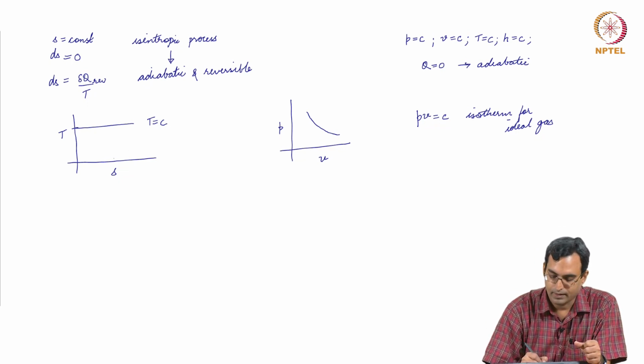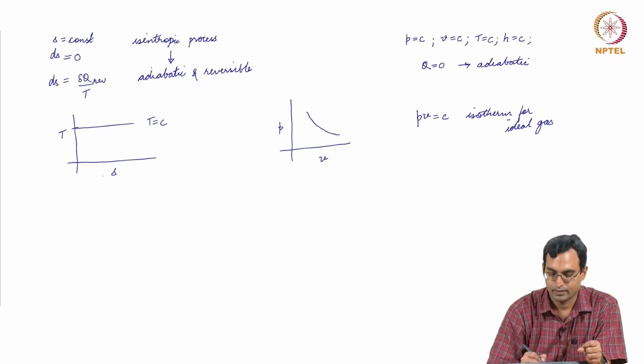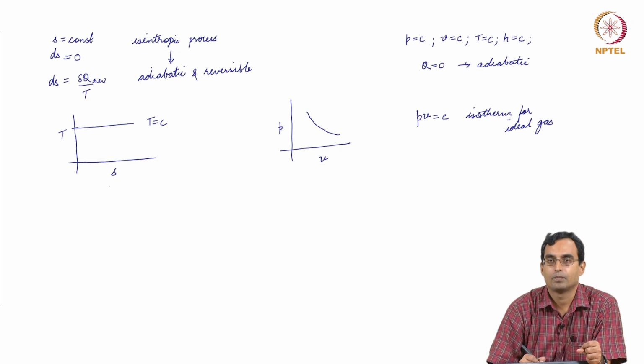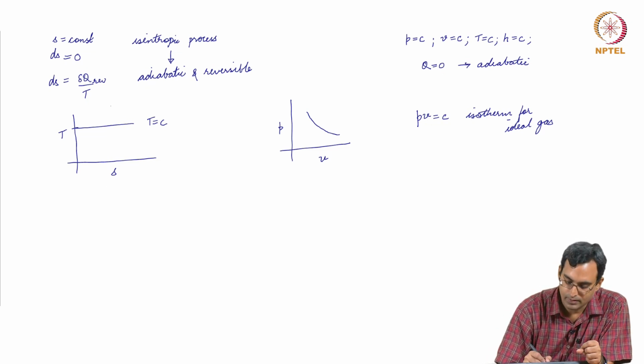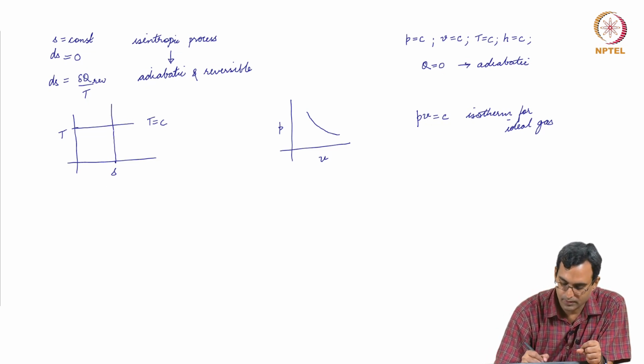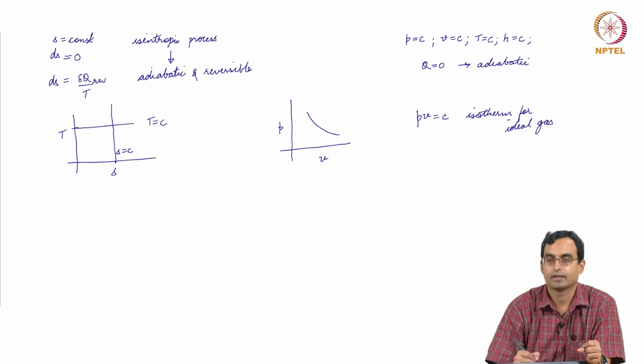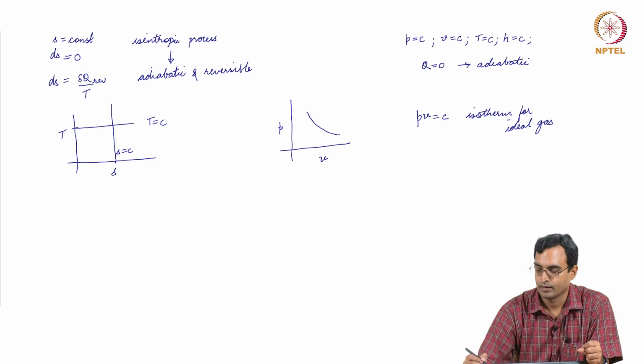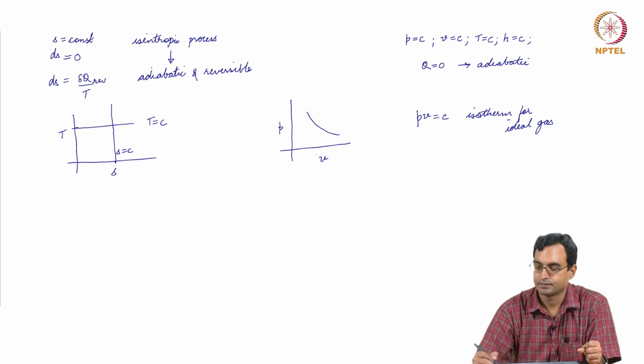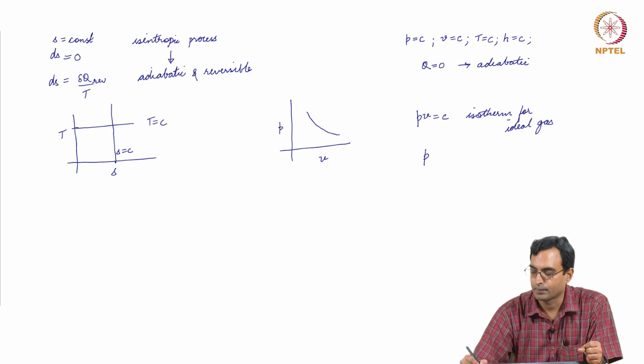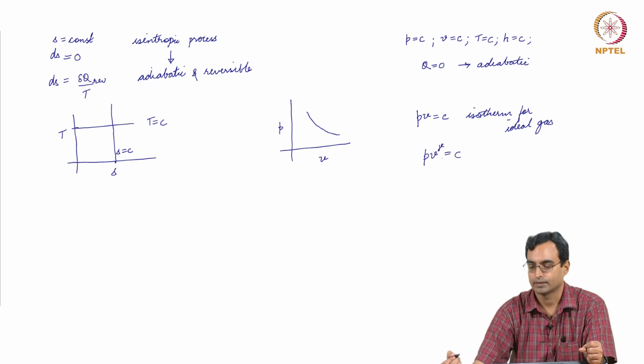We have an isentropic process which is ds equal to 0, which means S is constant. So, an isentropic process here would be a process which is essentially a vertical line. On this graph, what we saw is an adiabatic process is of the form PV to the power gamma equal to constant.